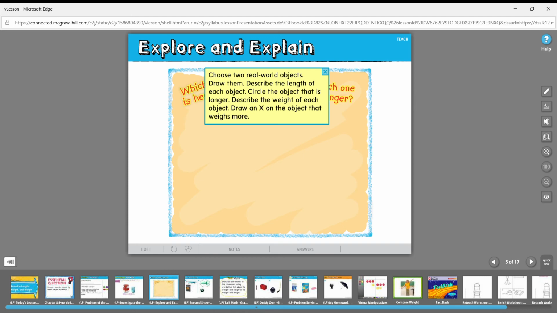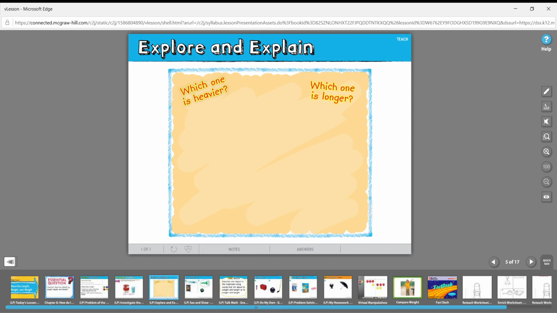Then you're going to draw them and describe the length of each object and describe the weight of each object. So what you're going to do is circle the object that is longer and draw an X on the object that weighs more. So you're going to need to choose two real world objects.